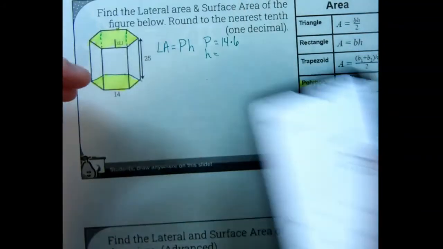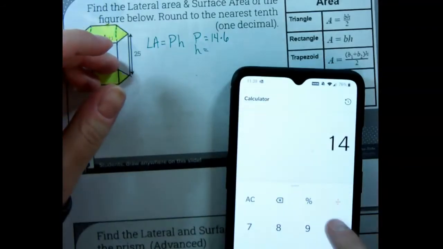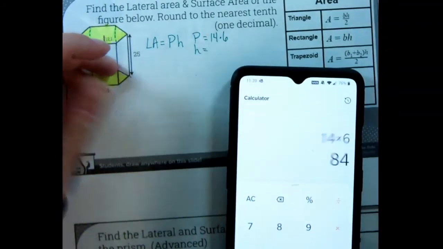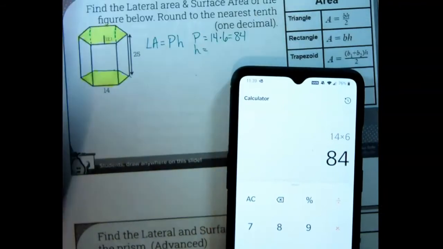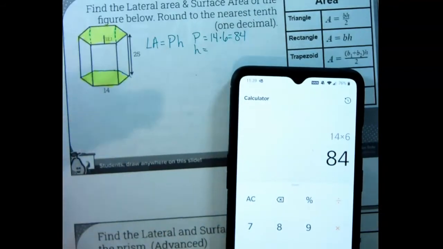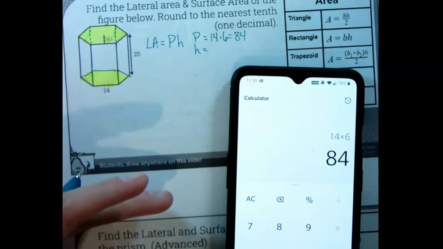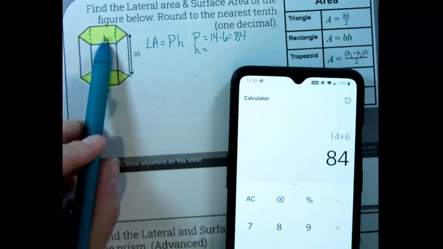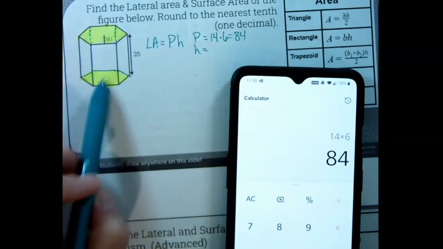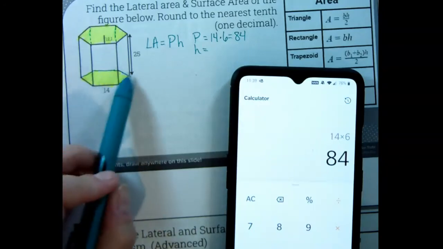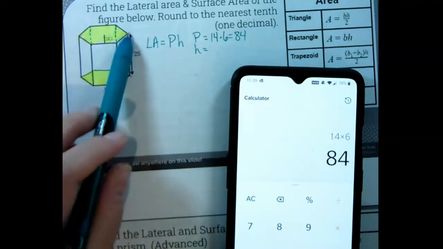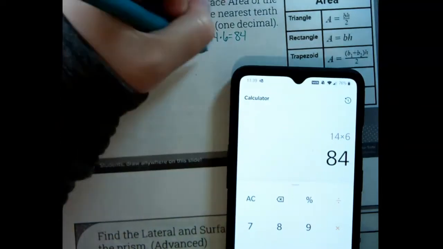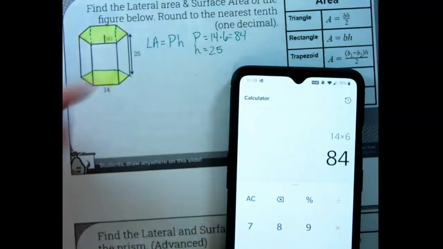There's 6 sides. And we're going to get 84 for the perimeter. Our height, remember that's how far apart are the bases. I can't tell you how many people use numbers located within the base, but the height is how far apart the bases are, so that's 25 units long.